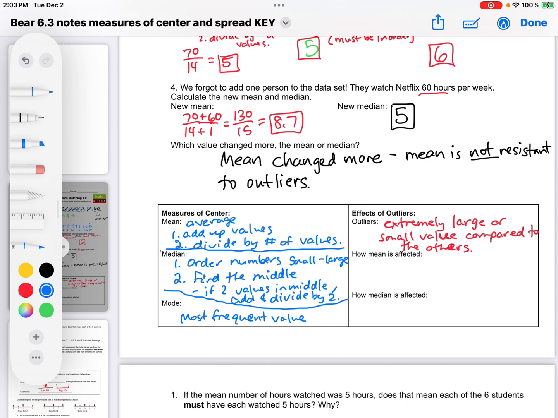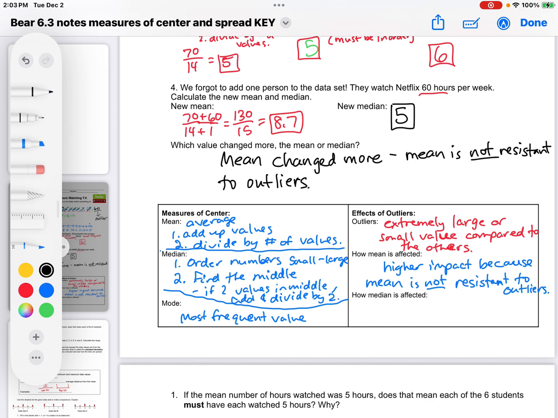Okay? Mean, higher impact, because mean is not resistant to outliers.